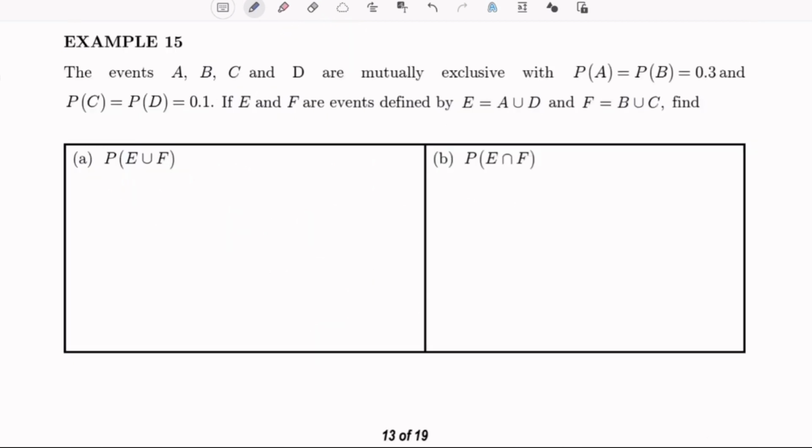Example 15. The events A, B, C, and D are mutually exclusive with P(A) equals P(B) equals 0.3 and P(C) equals P(D) equals 0.1. If E and F are events defined by E equals A union D and F equals B union C, find the probability of E union F. Okay, I'm just going to highlight this so that we won't forget that these events are mutually exclusive.